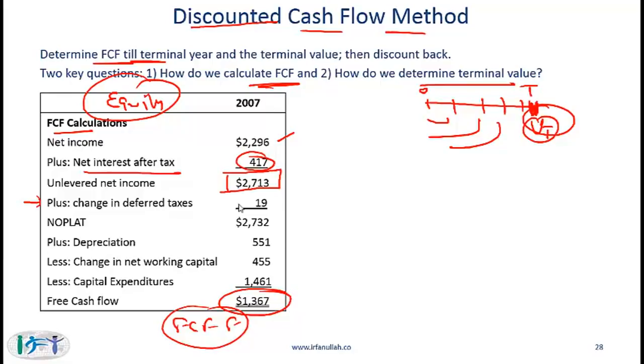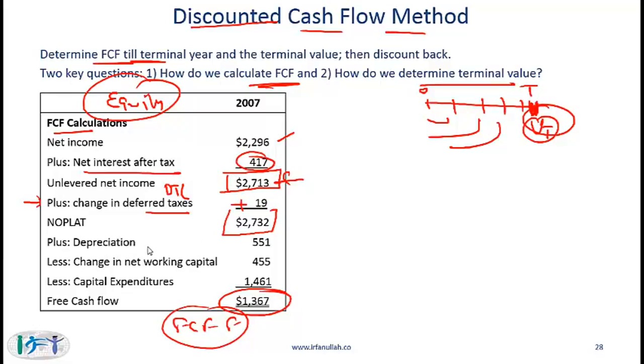So if in this particular example we have the deferred tax liability going up, then you add this number to your income. That will give you what is called NOPLAT. Now, don't get hung up about the fact that these are taxes or they are deferred taxes. Just think of it as a liability. So increase in liability is a source of cash. You are paying less taxes than you should be paying, which effectively is a source of cash.